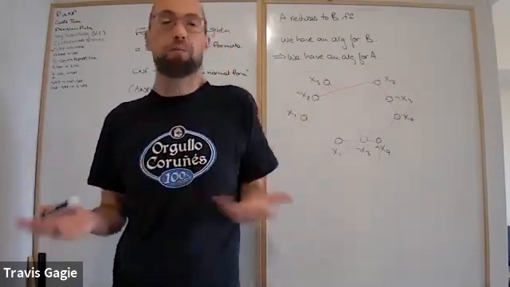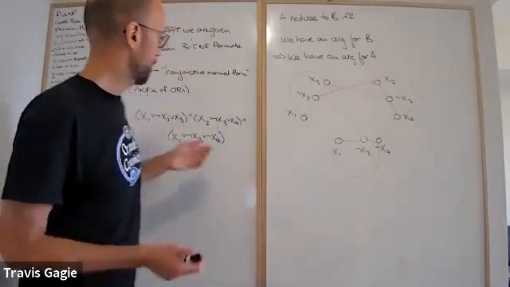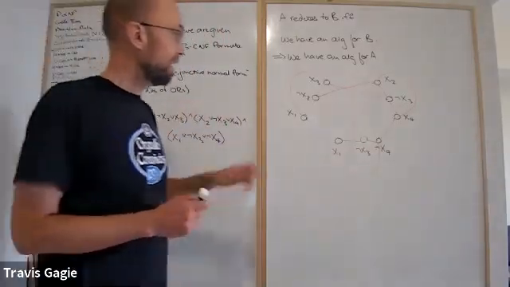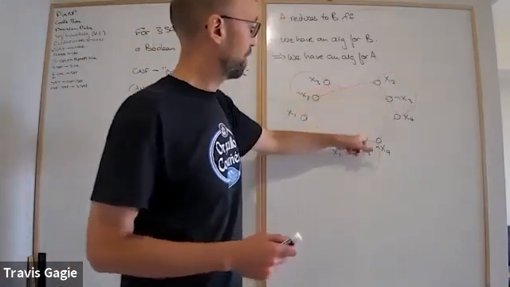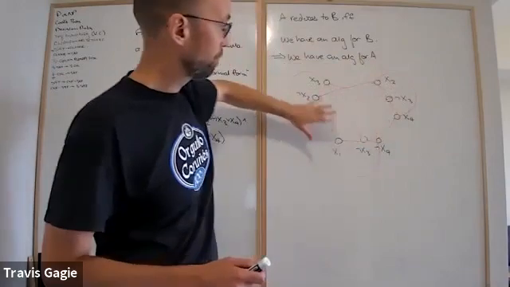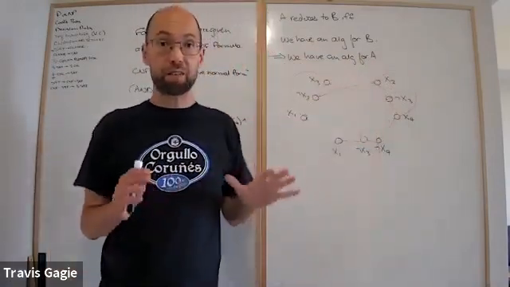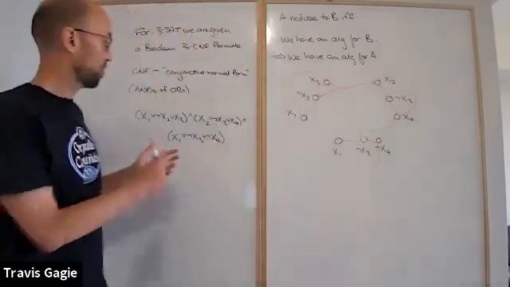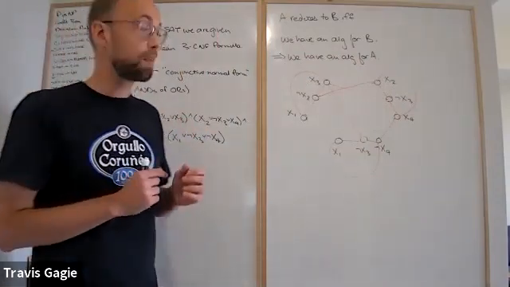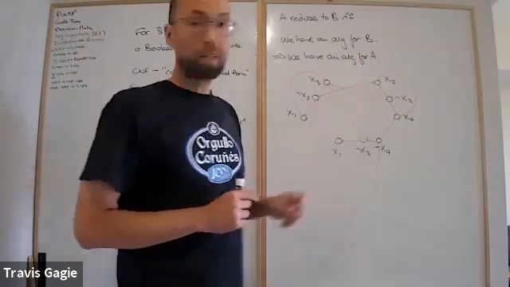Not x3 being true means that x3 is false, which makes this clause true. So if there is an independent set of size k, it means that I have to be choosing one vertex from each of these clusters, which is choosing one literal from each clause, and they all have to be compatible.